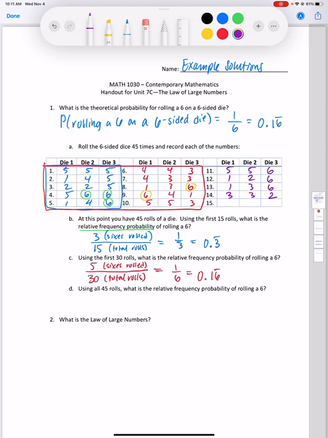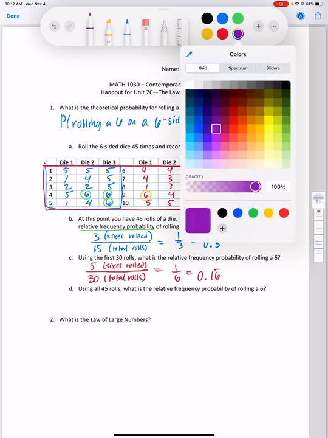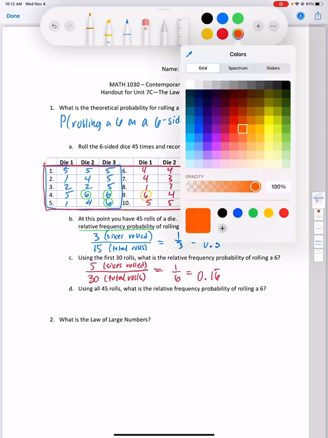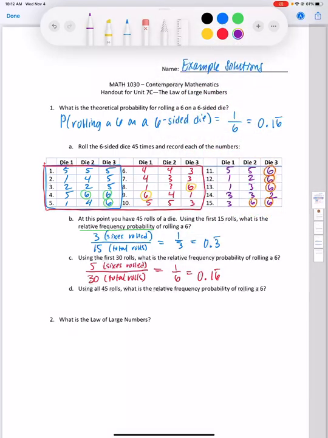And 3, 6, 6. Okay, so it looks like our last roll was a lot of 6s in there, probably more than what would normally happen. So I'm going to circle those 6s. And we are actually counting all 45 rolls. So we're going to use all of these data here.